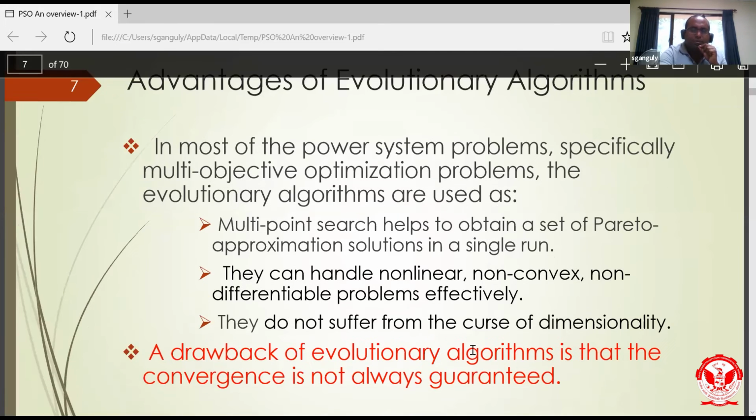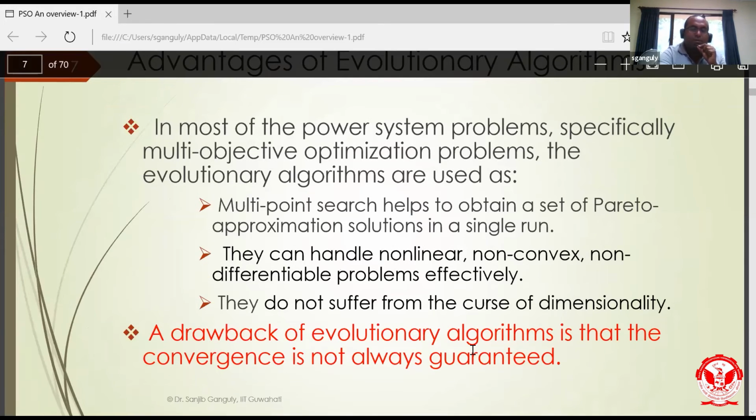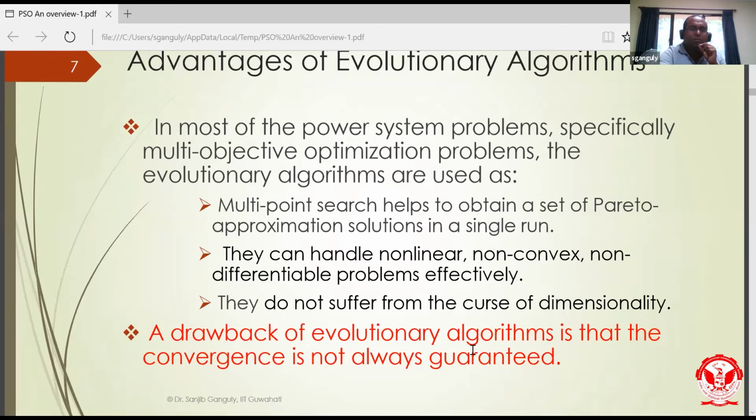That's why these algorithms are sometimes not convincing to people who are very fond of mathematics or mathematical approaches. So you have to work hard, doing several kinds of statistical analysis, to convince people that you got the convergence.